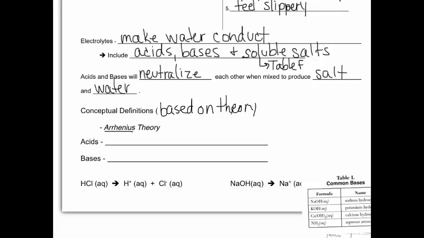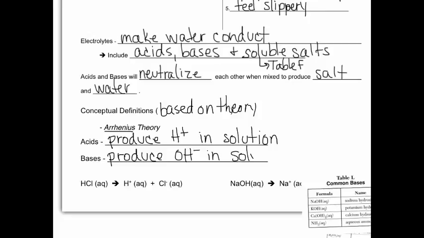What the Arrhenius theory said was that acids produce H pluses in solution. So when you add an acid to water, you're going to get H pluses. The Arrhenius theory says that bases produce OH minuses in solution, which is only true if that base has an OH.